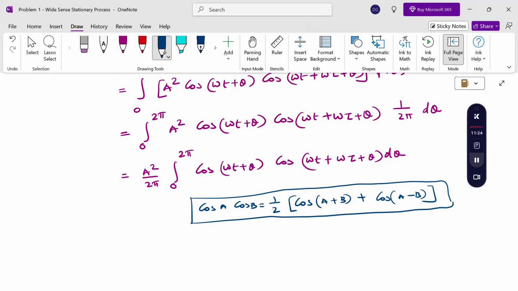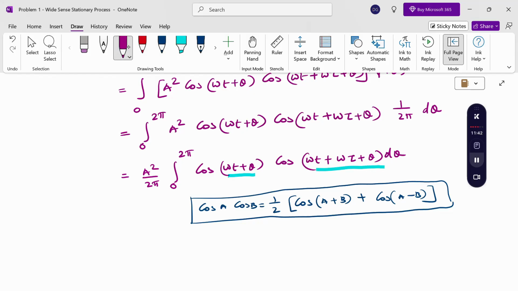Now consider the whole term A and the whole term B. This is A and this is B.